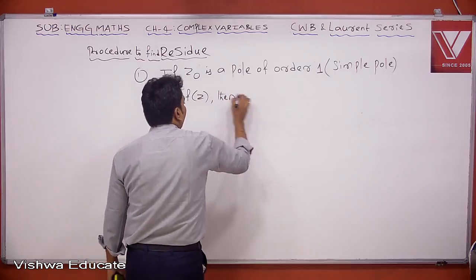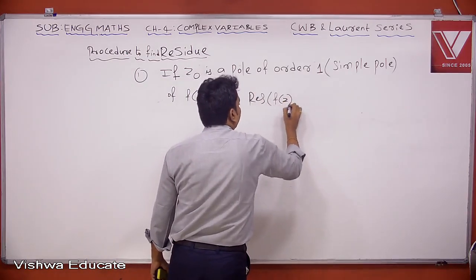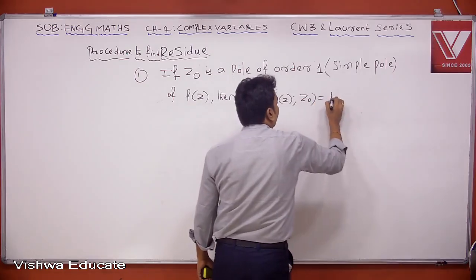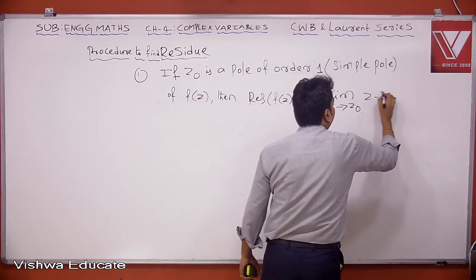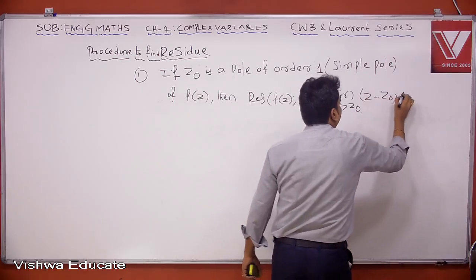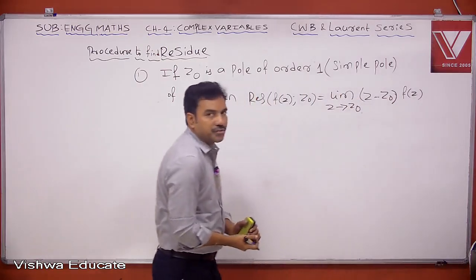then the residue will be like this: res of f of z semicolon z naught equals limit z tends to z naught of z minus z naught into f of z. So this is the way to find the residue at simple poles.